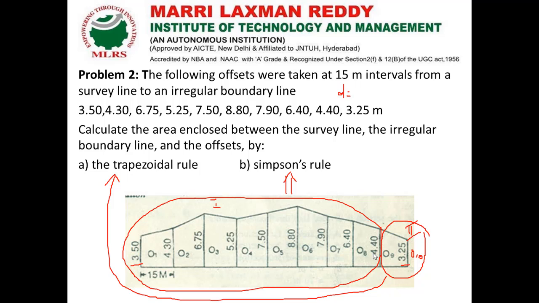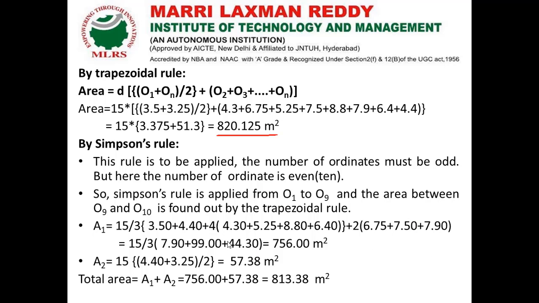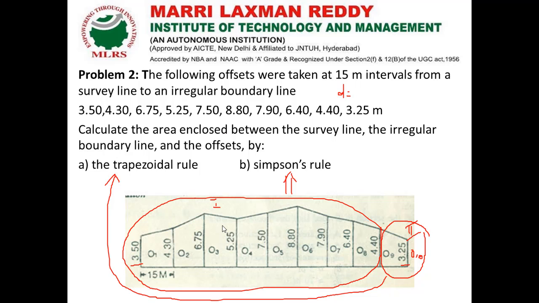The first ordinate is 3.5 and the last ordinate is 4.4, and 4 into even ordinates: 4.3 plus O4, that is 5.25, plus O6, that is 8.8, plus O8, that is 6.4.